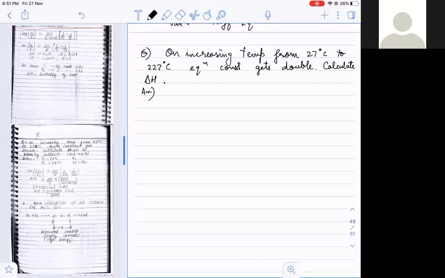Yes, please use the Van Hoff equation. You can use the calculators if you wish.